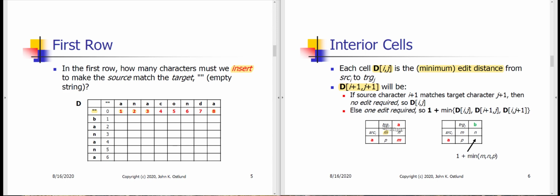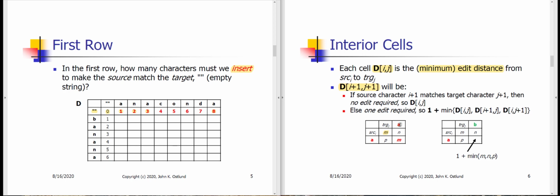We can get away with that assumption because we have already filled in the entire first row and the entire first column. So if we look at this cell here, which is currently empty, the D sub 1 sub 1 cell, it does have values to its left and above it, and also diagonally above it to its left.